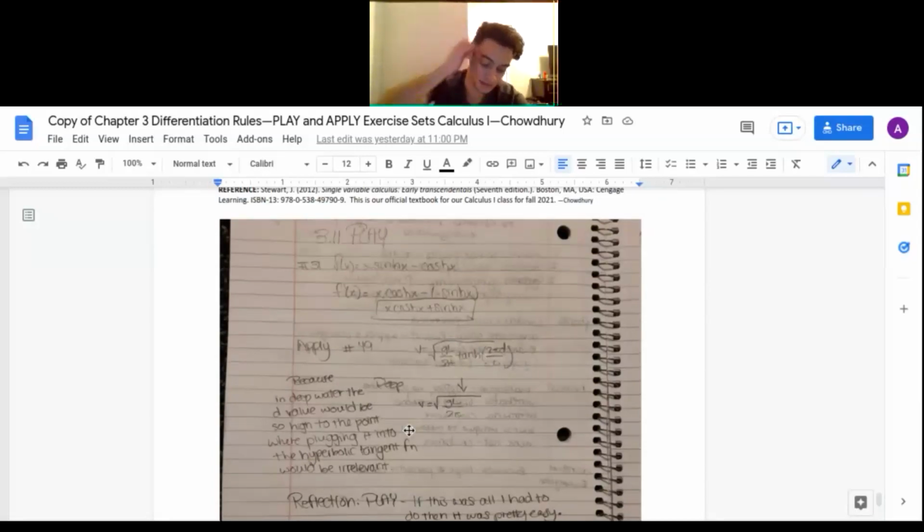And that's because the deeper you go, your d value is going to increase according to the length of the wave, which is going to cancel out this entire hyperbolic tangent function, so I wrote here that it's going to be irrelevant.